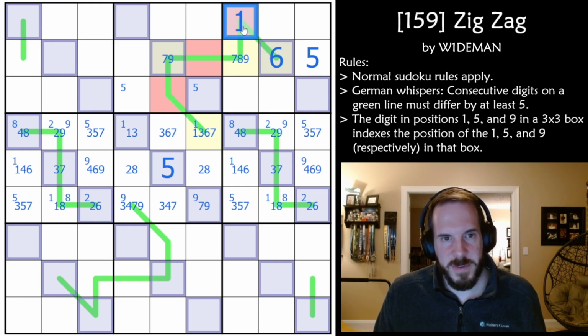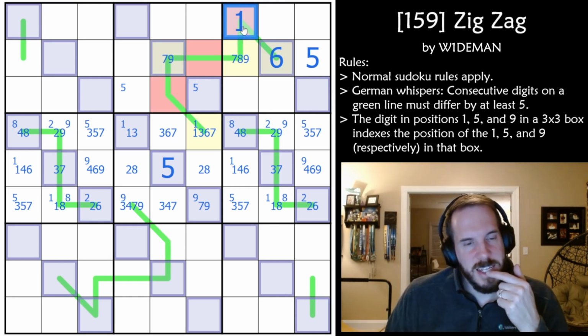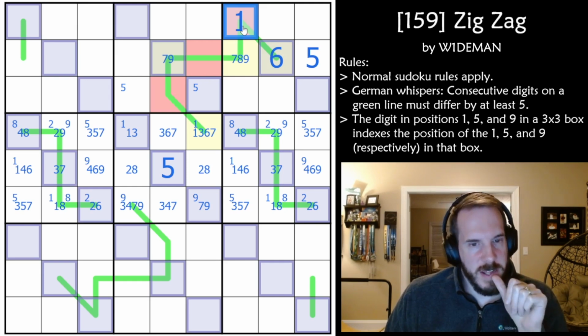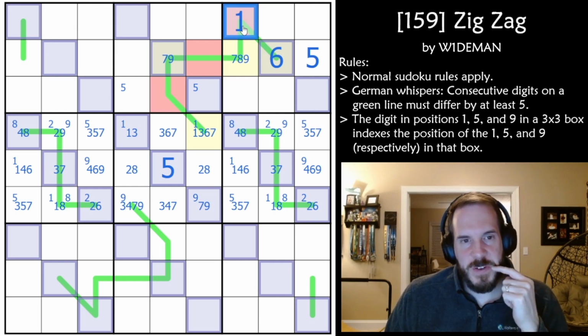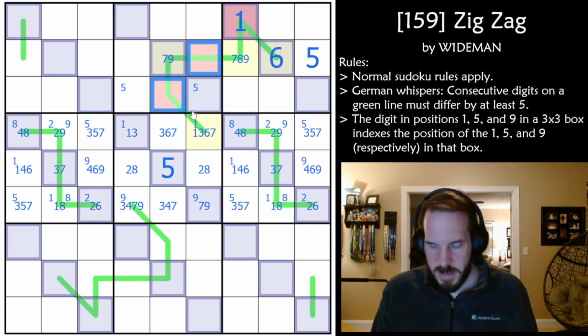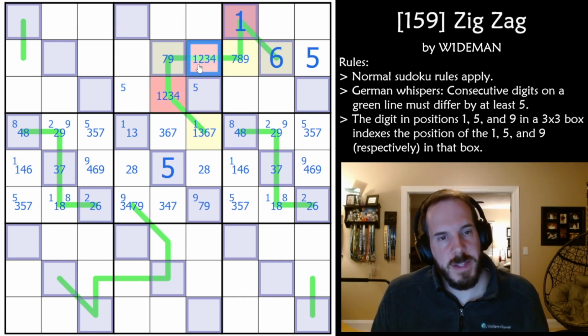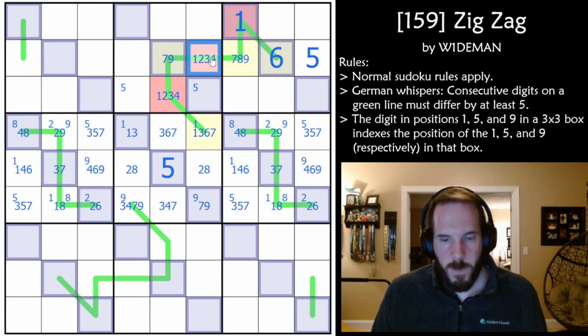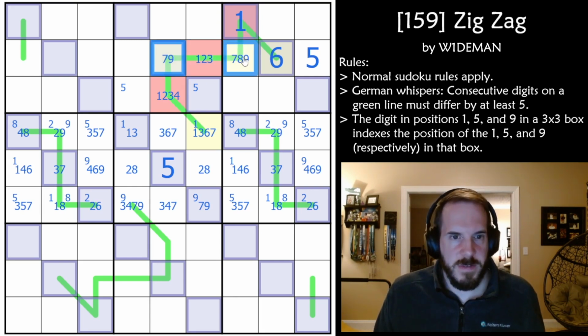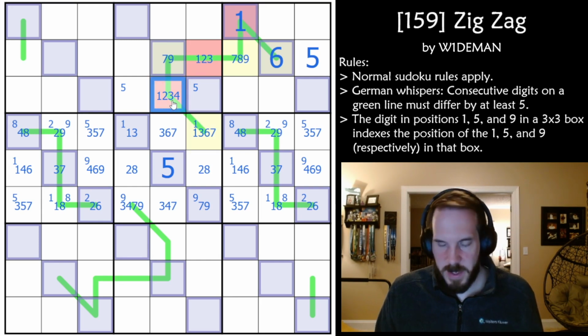That's very cool. I really like that. I hadn't appreciated it when I first looked at it, but there's going to be something else we can use here in just a second. Let me clean up this whisper line. So we know red is low in this line. So 4 can't be here because it'd be 2 9s. 4 can't be here. Actually, 4 can't be here.